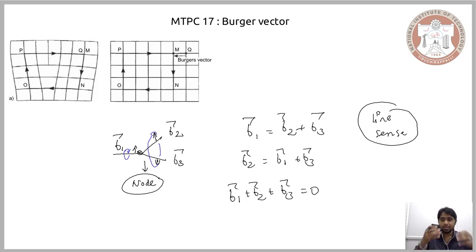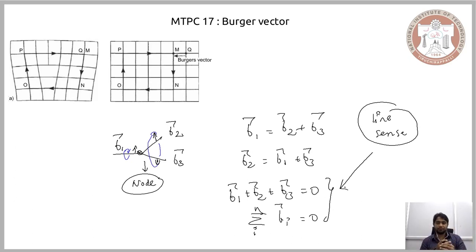If you have n dislocation lines interacting at a node, then this expression will be the summation of n Burgers vectors. This is how you would express the interaction of n dislocation lines at a node, and this representation is possible because of the line sense convention.